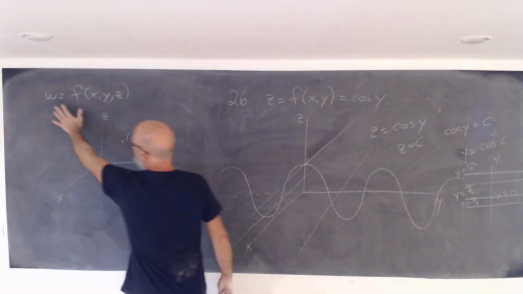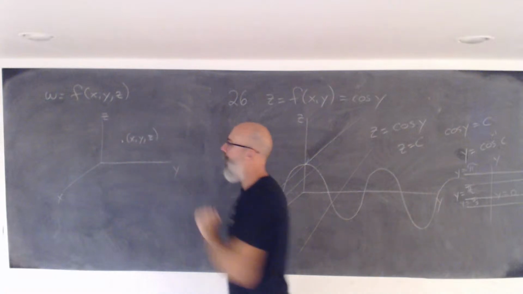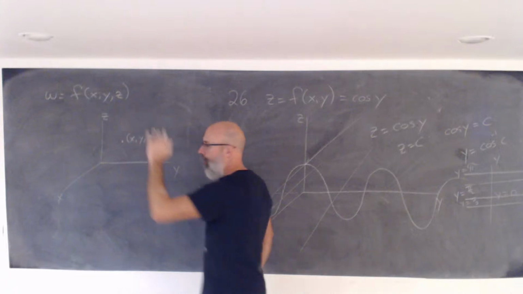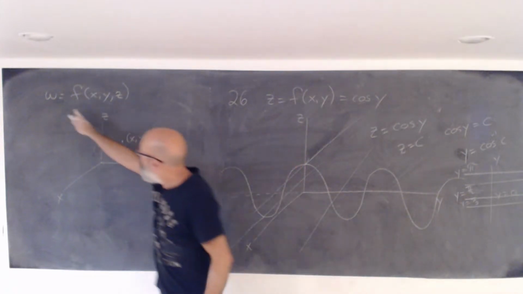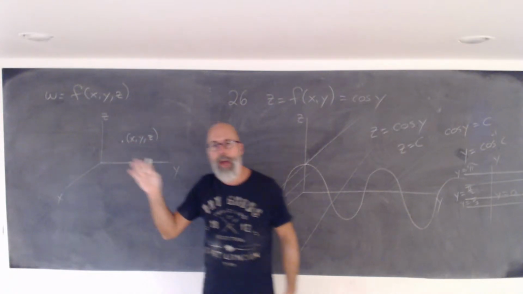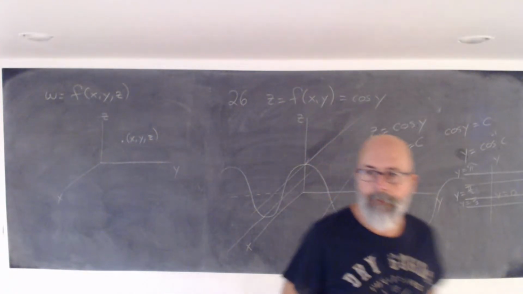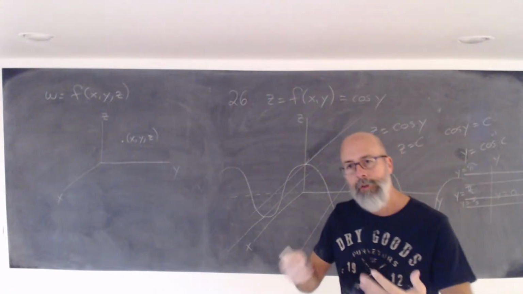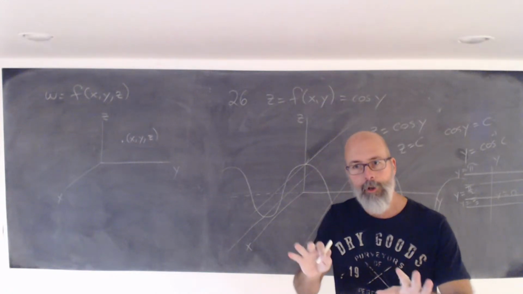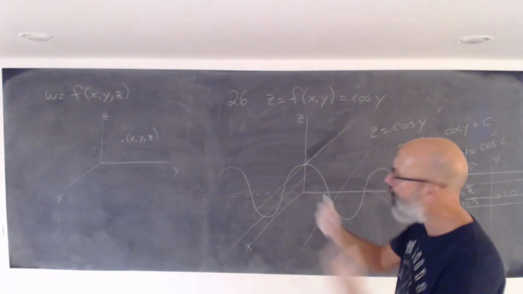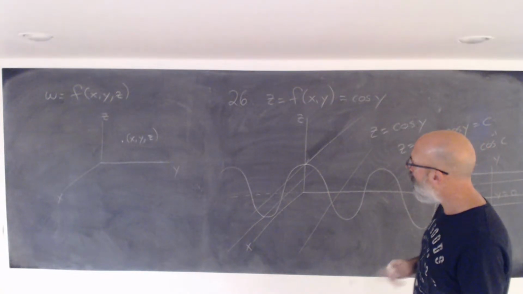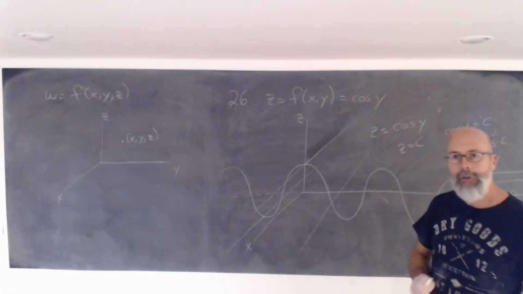But the point being that we have this idea, right? Even though we're not going to be able to graph it, you understand that there's a height coming out for every point x, y, z. To help us understand what the function would look like, we can use the same idea here.